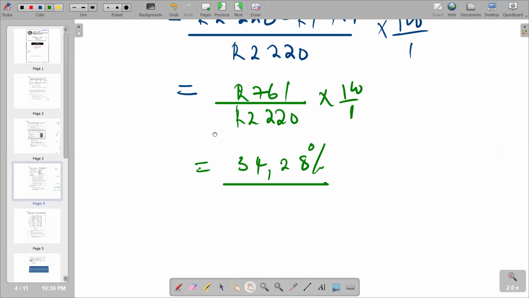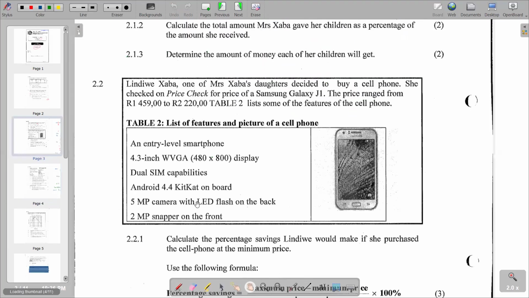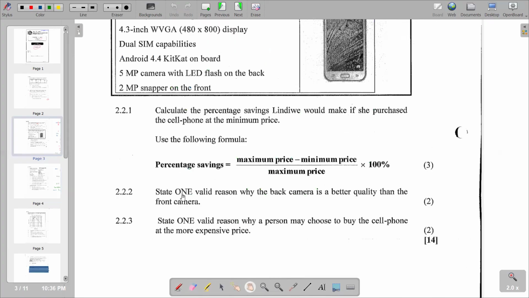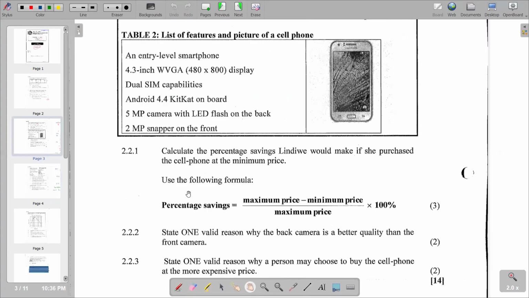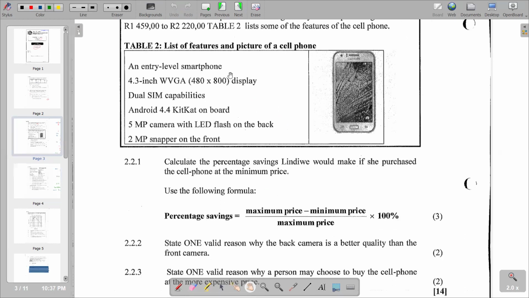Then obviously we need to move on to the next part of our question, which is now 2.2.2. Give one valid reason why the back camera is better quality than the front camera. So if you come here, the information given in the table, you'll see that you are told that it is a 5MP camera with LED flash on the back, and then a 2MP snapper on the front.